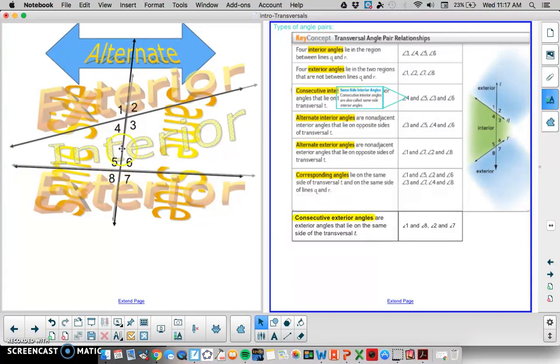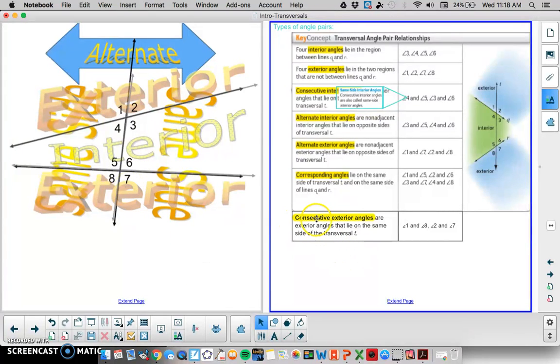Like we have our set of angles 1, 2, 3, 4, 5, 6, 7, 8. 1 and 5 are both in the top left. 2 and 6 are both in the top right. That would be a set of corresponding angles. Corresponding means to match up, so they're in the same position. 4 would be corresponding with 8. 3 would be corresponding with 7.